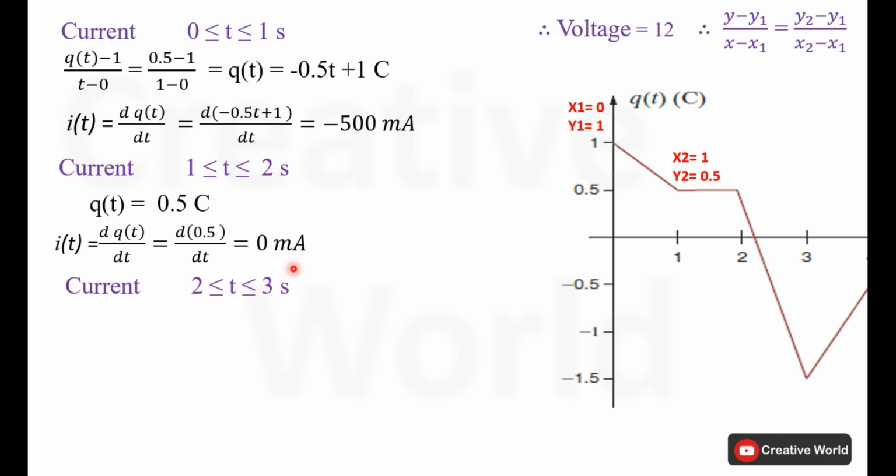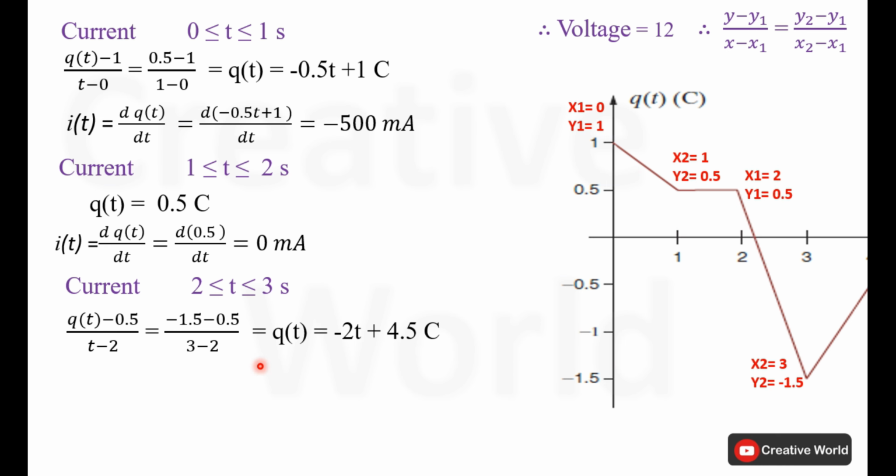Between 2 and 3 seconds, our starting points are 2 and 0.5 and ending points are 3 and minus 1.5. Putting these points in the straight line equation, we got the charge equal to minus 2t plus 4.5 coulomb. Taking the derivative of this charge equation, we got current equal to minus 2000 milliampere.